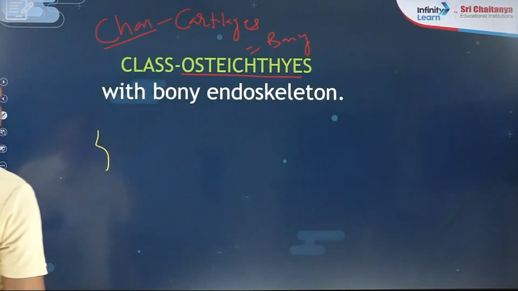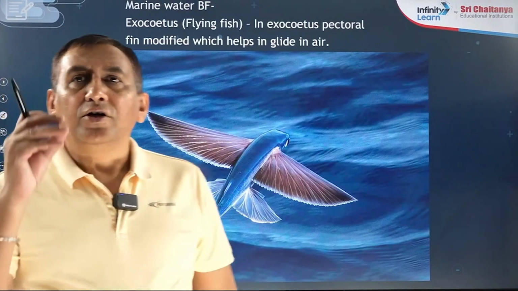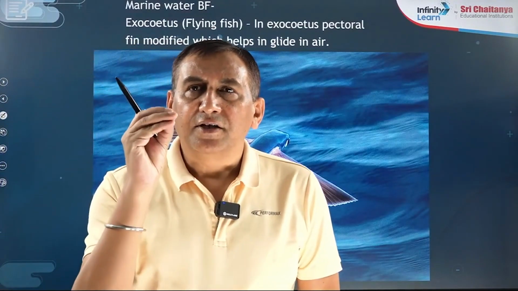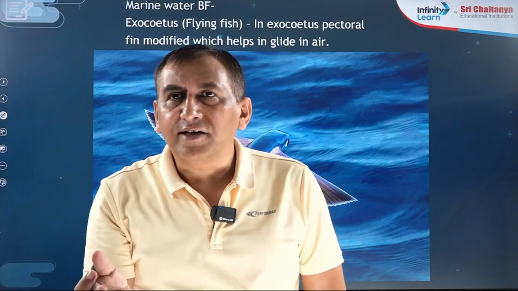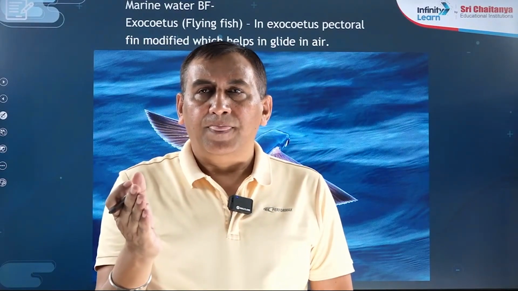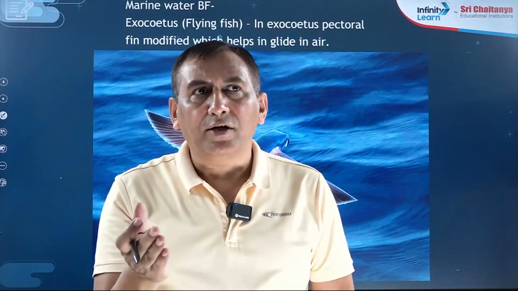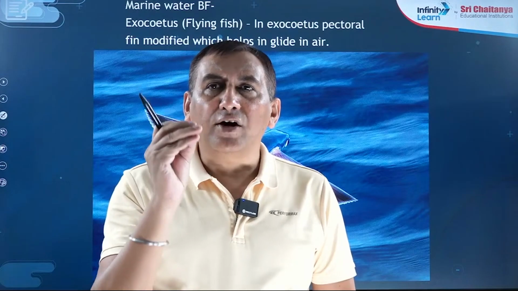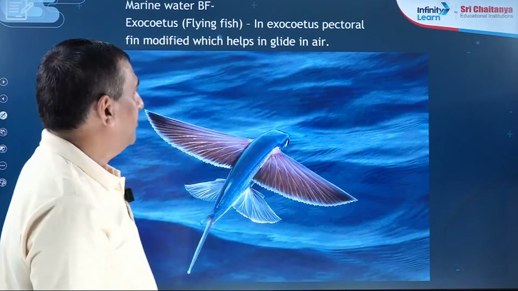So now coming here, osteichthyes and chondrichthyes are there. Osteichthyes either live in fresh water or they can live in marine water, whereas the chondrichthyes only live in marine water. This is the one point.